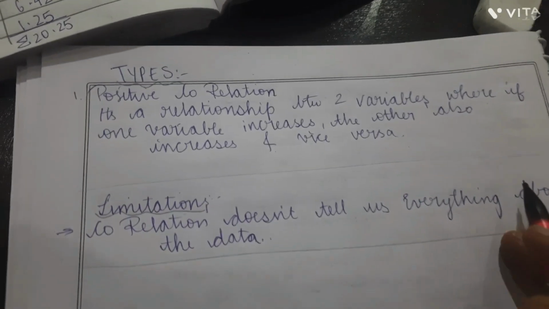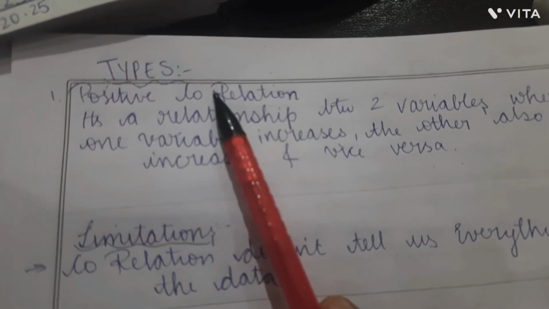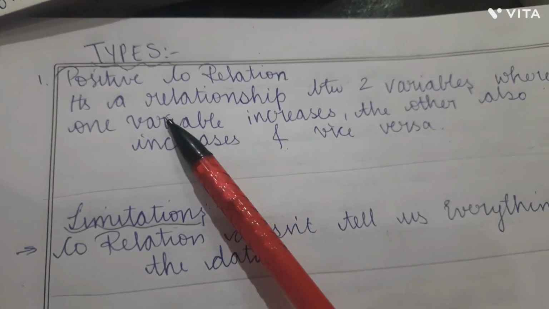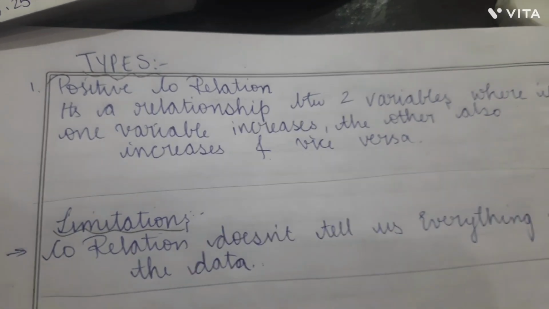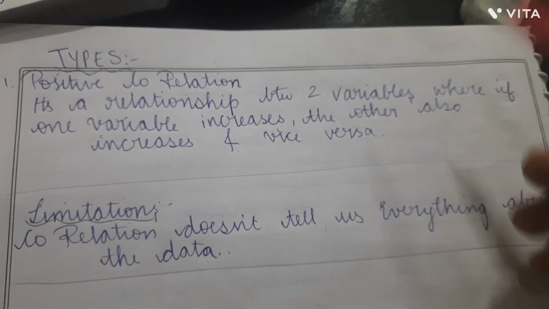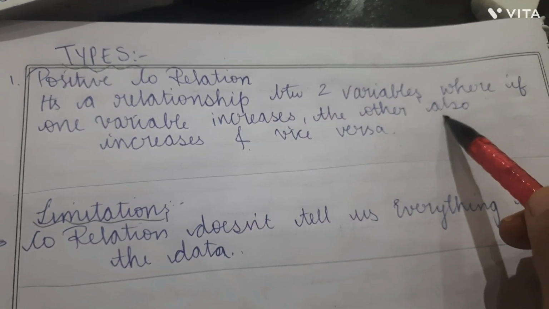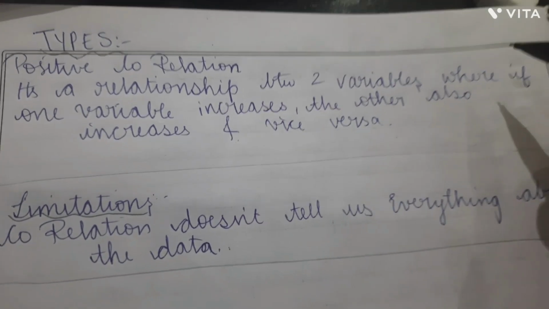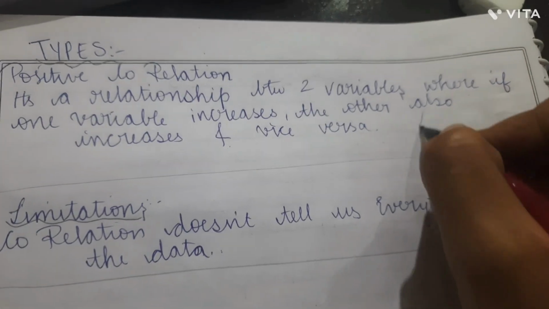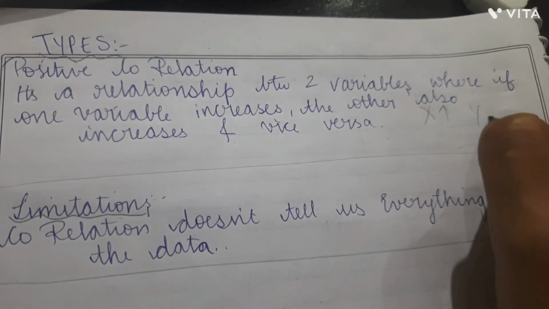So moving on to the next topic, that is types of correlation. The first type is positive correlation, a relationship between two variables where if one variable increases, the other also increases, and vice versa. That means when x increases, y will also increase.